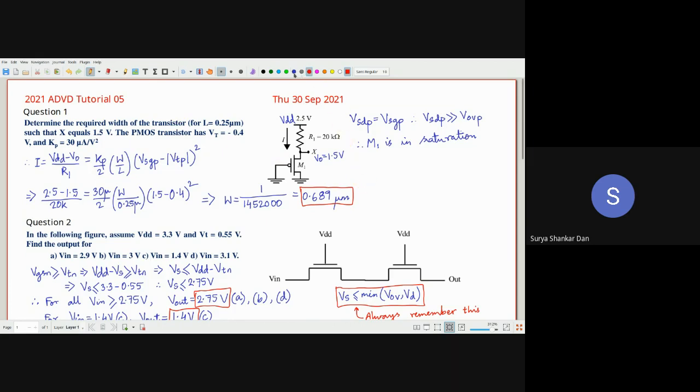Today's technology is 5 nanometer, and we are dealing with 250 nanometer. In 250 nanometer, you can simply say the current is 0. But when you are working in industry, subthreshold is the way to go.